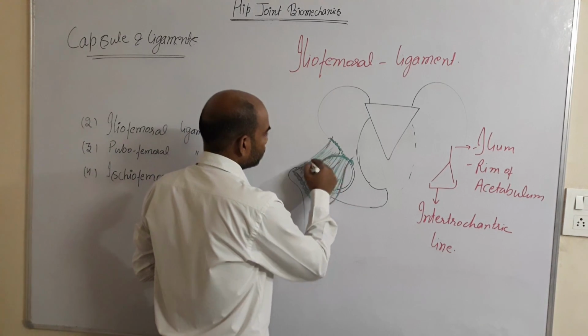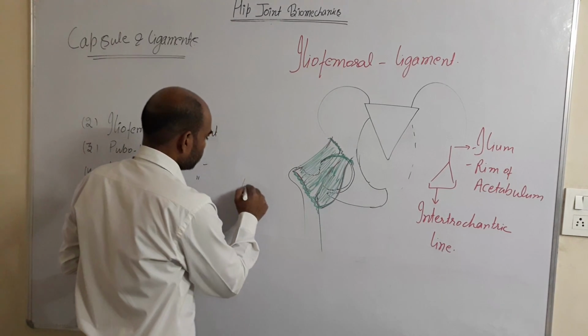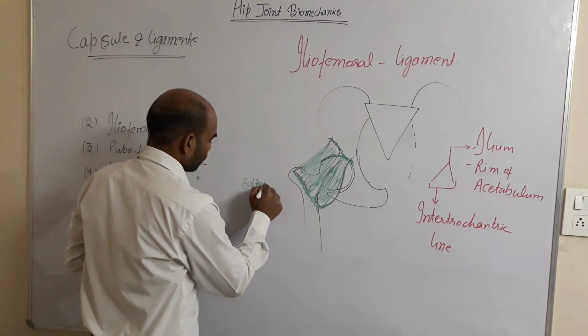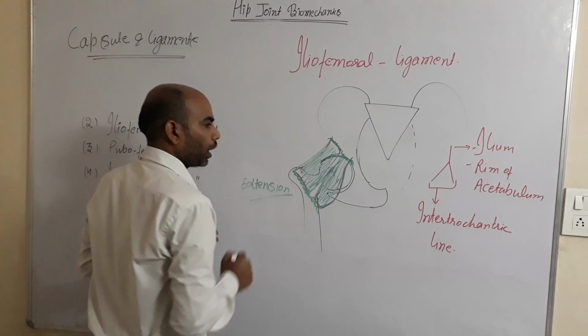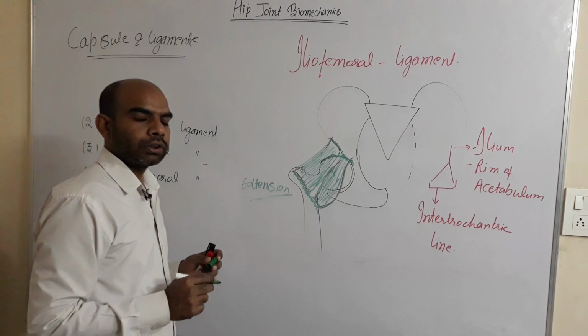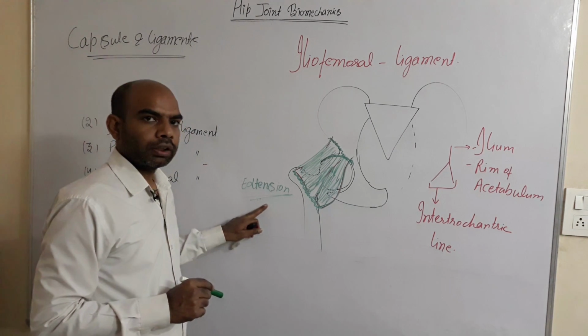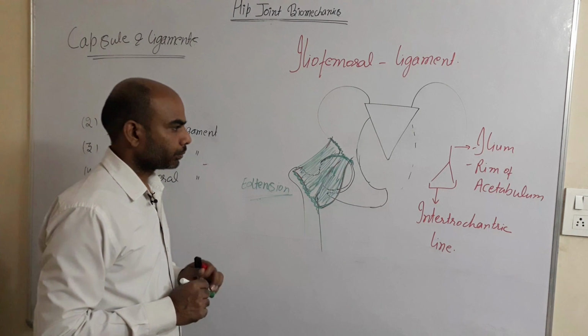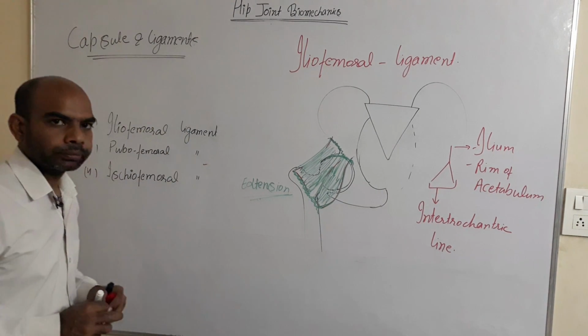This ligament stretches when the hip joint is in extension. So it will prevent anterior dislocation of the hip joint along with the anterior capsule of the hip. Now move on to the pubofemoral ligament.